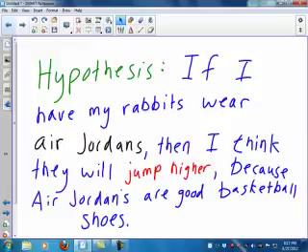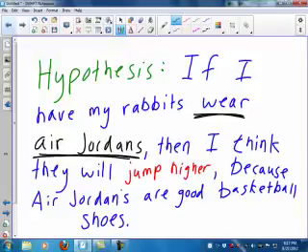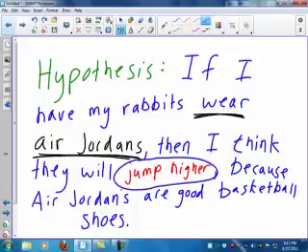If I have my rabbits wear Air Jordans, that's what I'm changing on purpose. Wearing Air Jordans is my independent variable. Then I think they will jump higher. How high they jump is my dependent variable.